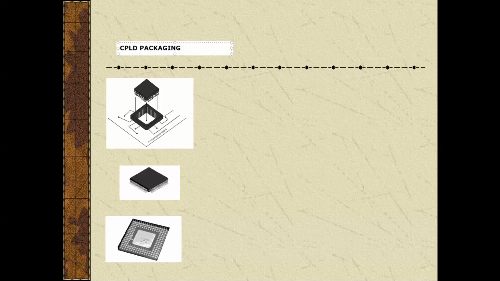The ball grid array packaging seems to be the same as that of the pin grid array, but here the pins are small round balls instead of posts. Since the pins in a BGA package are very small, more pins can be provided on the package.